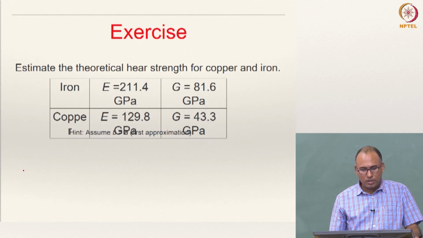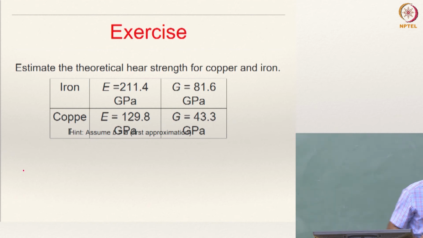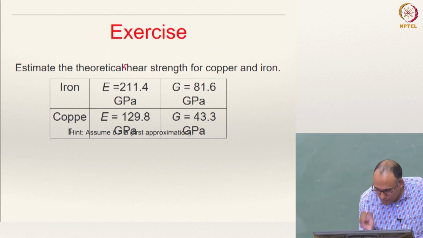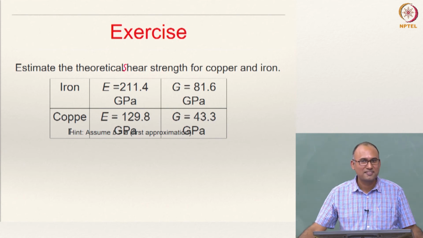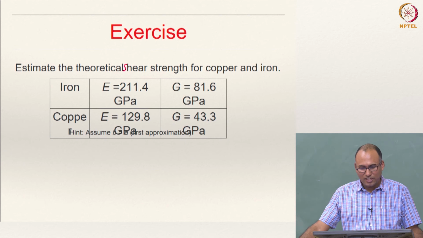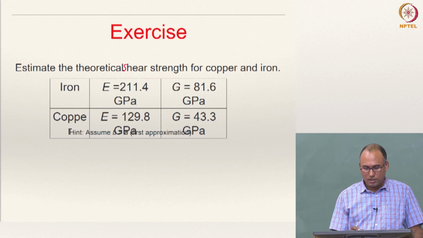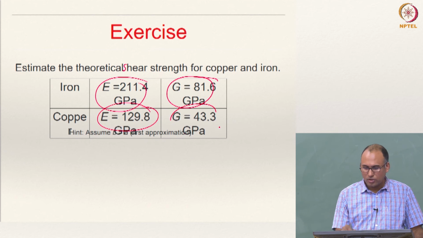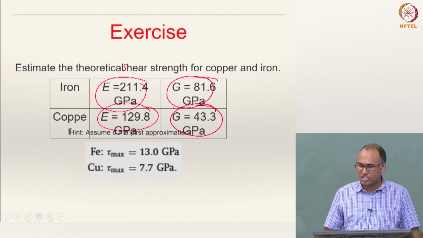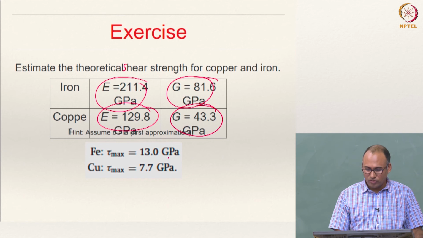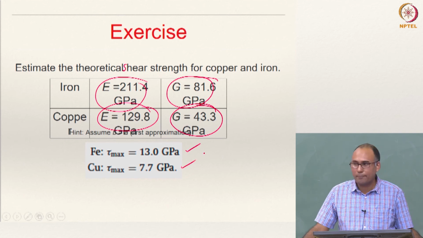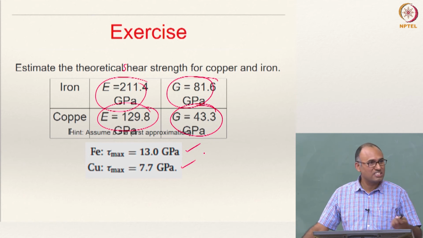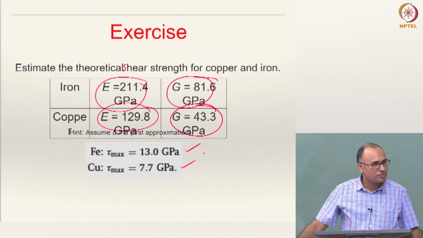If you estimate the theoretical shear strength of copper and iron, you are given E value and G value for iron and copper. Then the theoretical shear strength for iron turns out to be 13 GPa, copper it turns out to be 7.7 GPa.